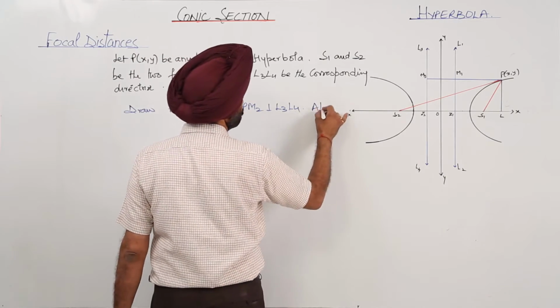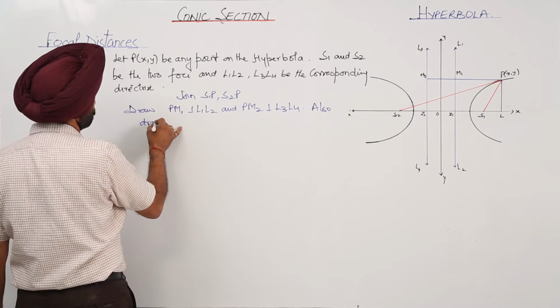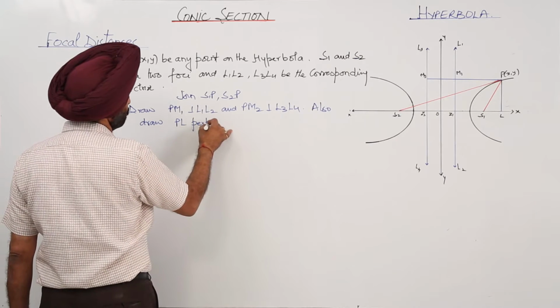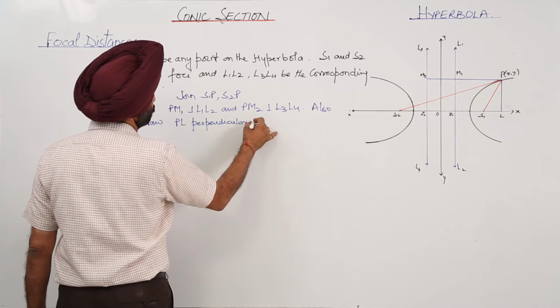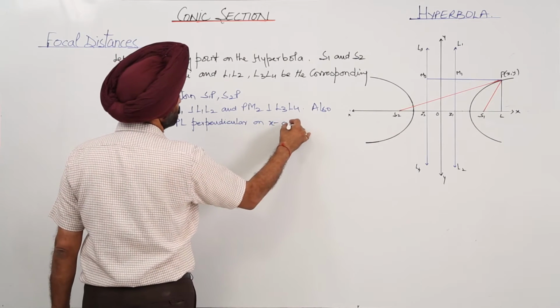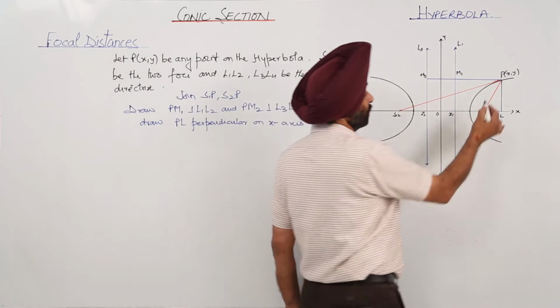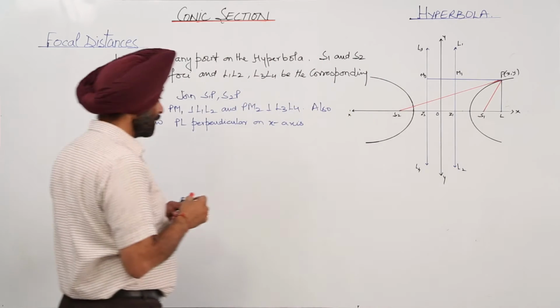Also draw PL perpendicular on the x-axis, where P is the point and L is the foot. Draw PL perpendicular on the x-axis.